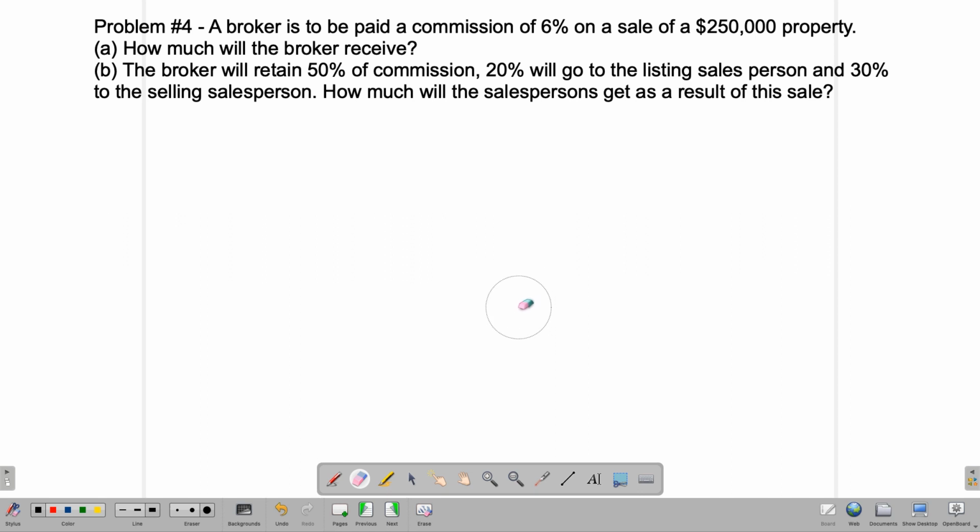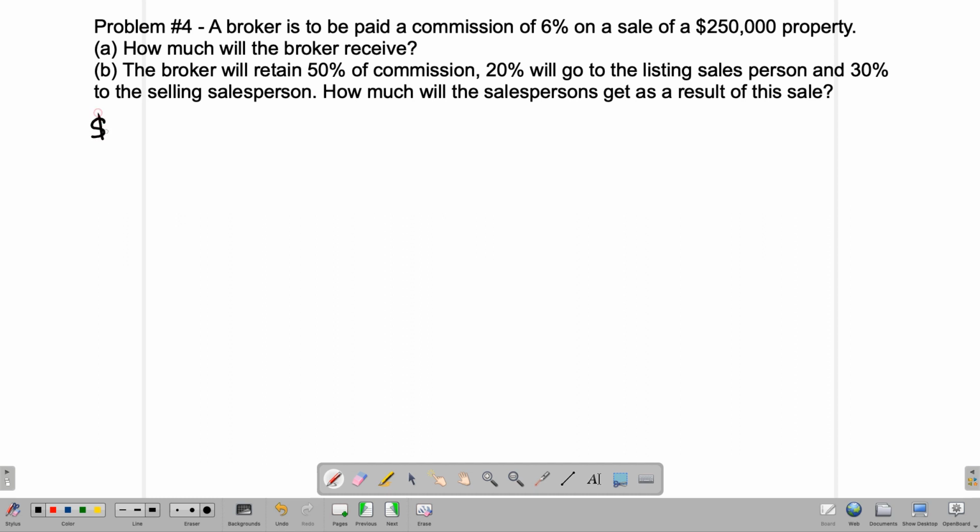How much will the salesperson get as a result of the sale? So you have to go back to what we showed: 250,000 times 0.06 produced a value of 15,000 from the total sale.